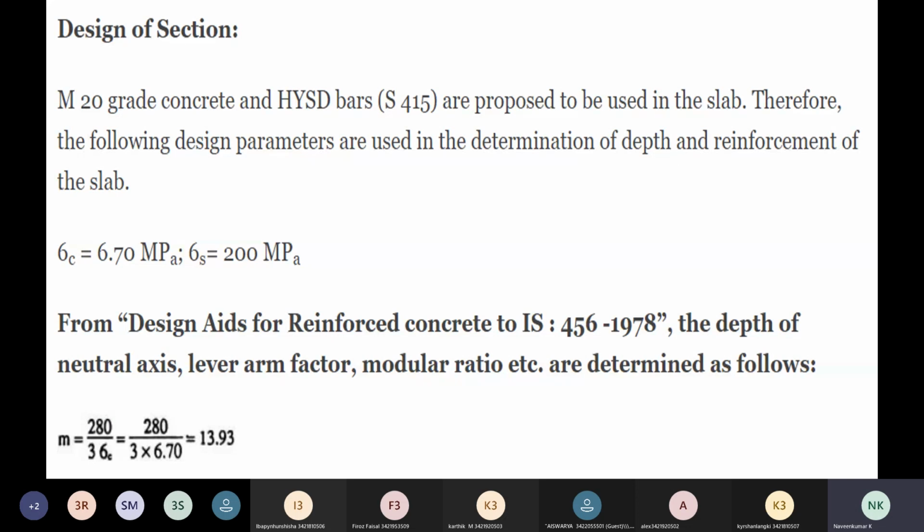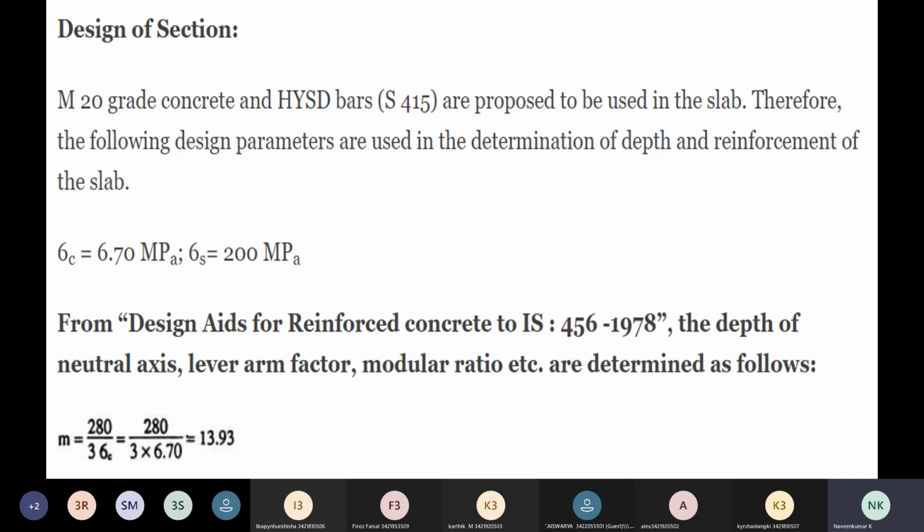For example, in the design of the cantilever wall, we calculated the design parameter before going into the design, like Mu divided by bd square, and used it to take the value from the SP16 design aids.